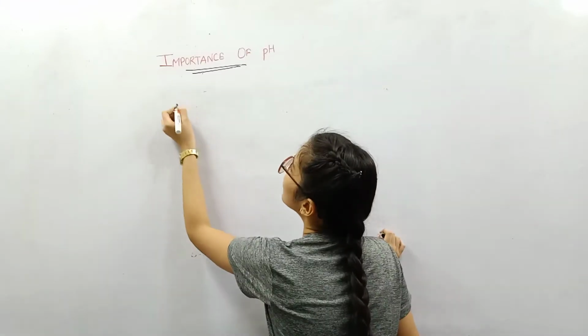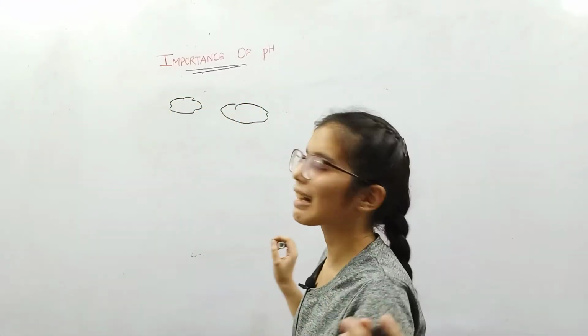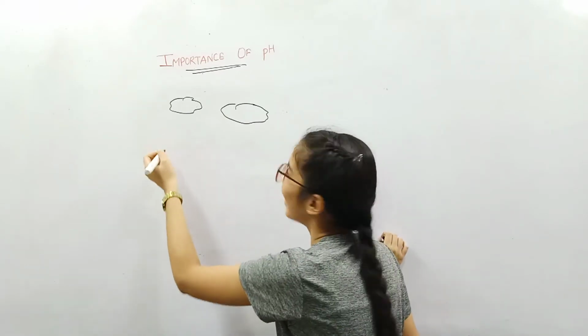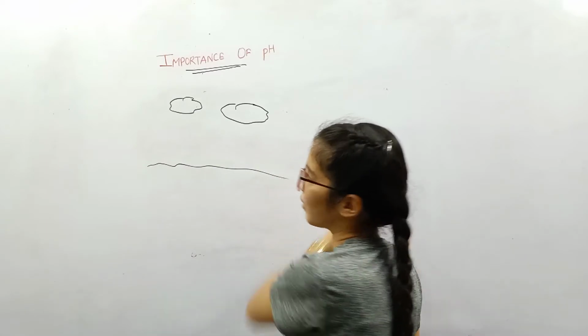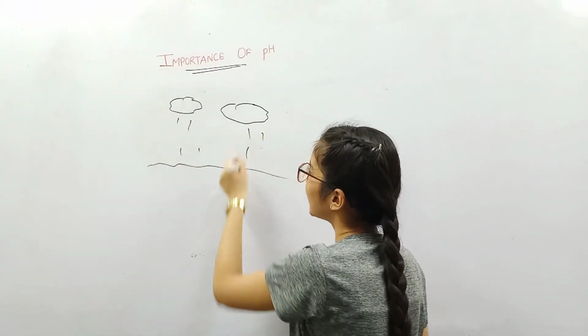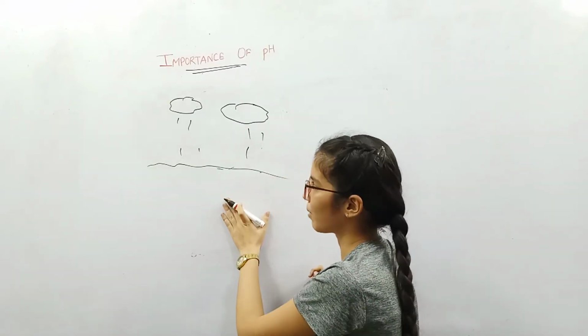So think these are clouds. My handwriting is a little better than a doctor's, but still it's worse, so don't mind that. And this is the atmosphere. So what happens if there is rainfall? Here is an increased amount of acid present in the atmosphere.